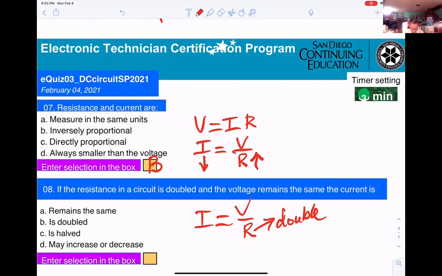That means up, double down. So the answer will be B. No, I think it's C. The current will go down, which means it will be divided by two.